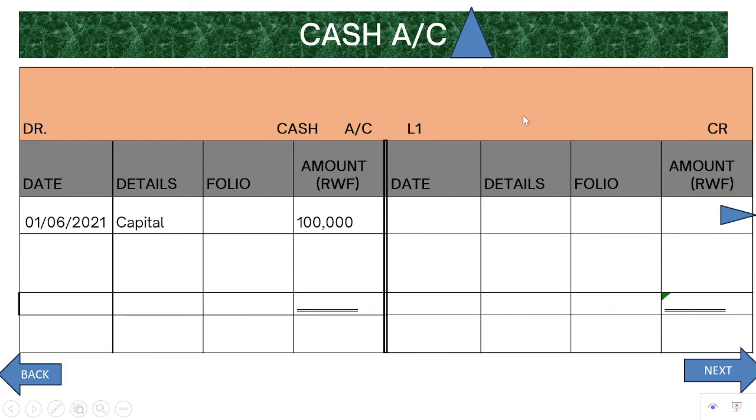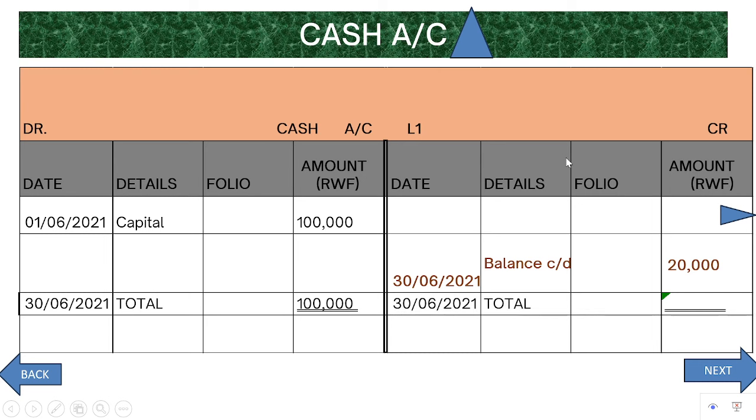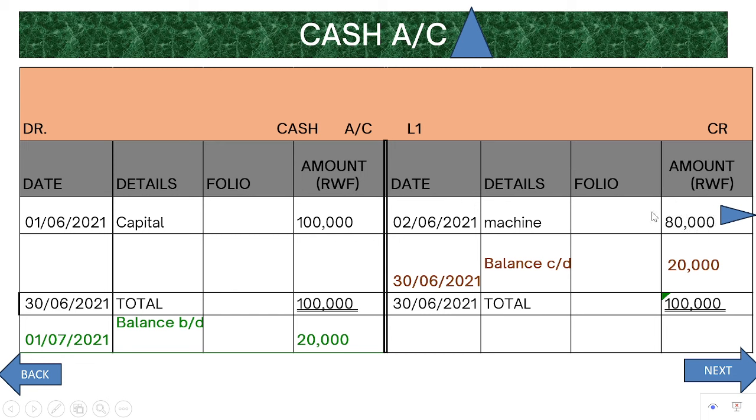Then we go back to the cash account and credit the cash account on 2nd June 2021. In details, we put a machine. Then we balance off this account.